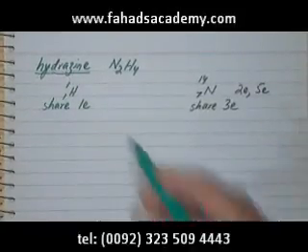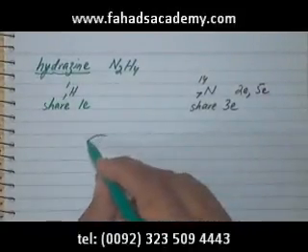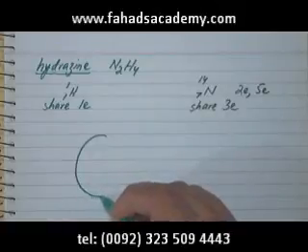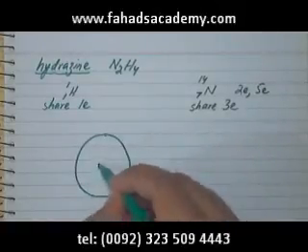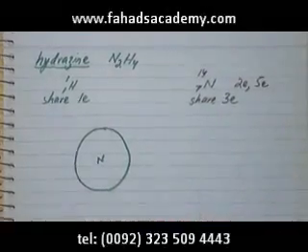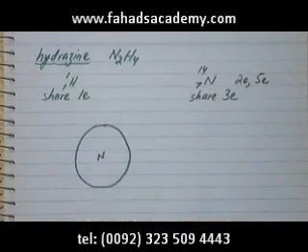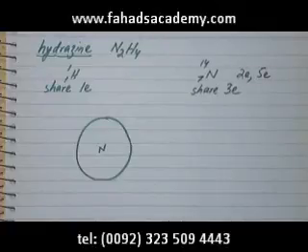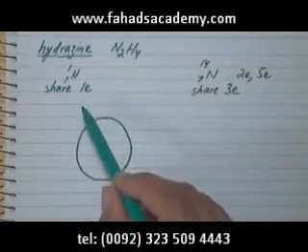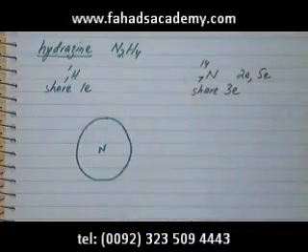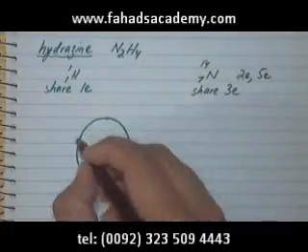So we can start off by drawing. I've drawn a nitrogen atom, and it wants to share 3 electrons. But hydrogen is only able to share 1 electron. So what hydrogen would do is that it's going to share 1 electron, and nitrogen would share 1 electron with that hydrogen.